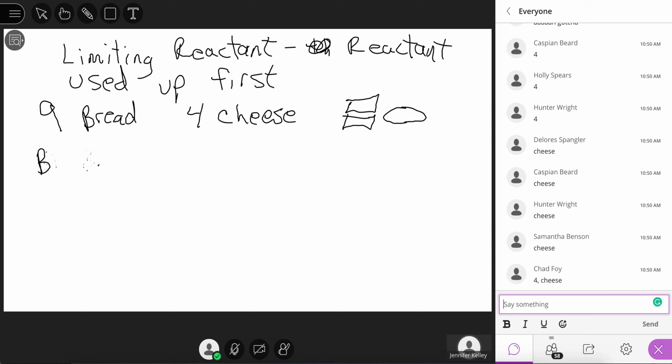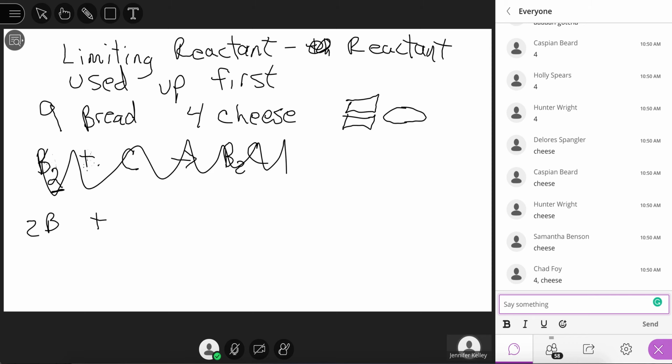So we've got bread plus cheese makes, and let's say B2, because you have to have 2 breads each time, makes a sandwich, which is B2C. In this case, everything's kind of balanced, but we know that with bread there are 2. I think it'd make more sense to do it this way.